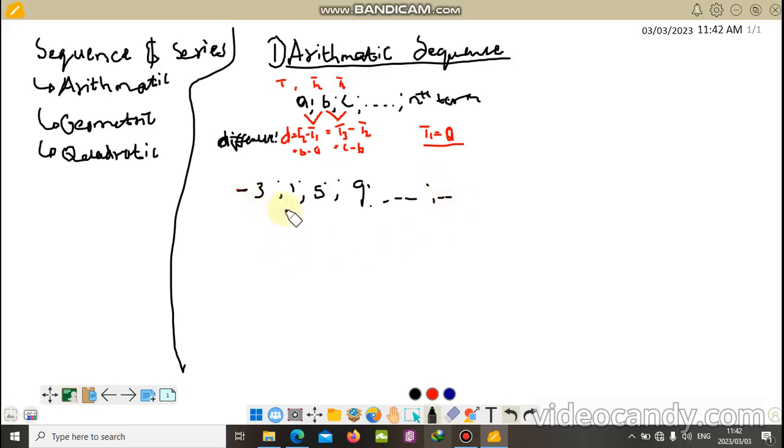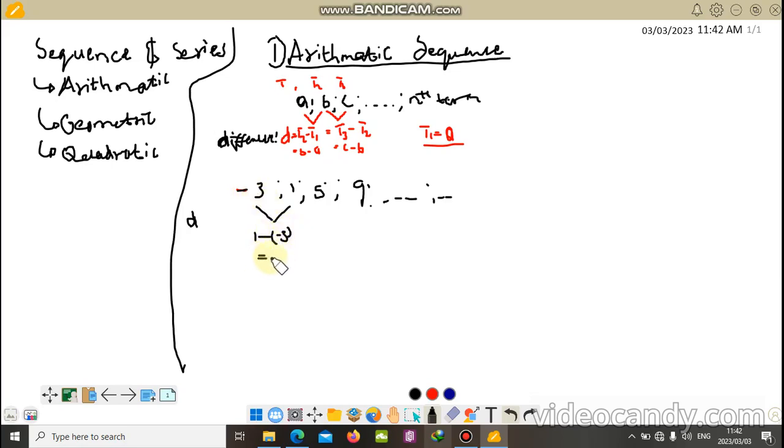So let us look at this. If I try this approach of calculating D, let's find D. D is what? T2 minus T1, right? This is T2, term number 2. This is term number 1. So T2 minus T1 is going to be 1 minus negative 3. You see that? Because this is term number 1. So it's going to be 1 minus negative 3.